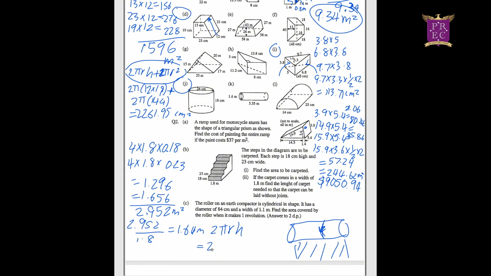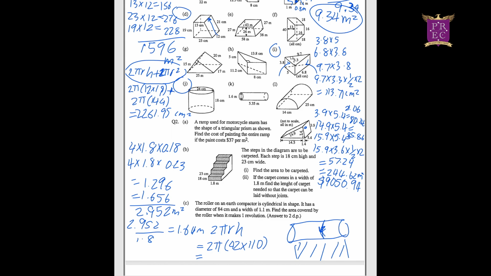So we know that 2 pi is just 2 times pi, and then r is 84 divided by 2, which is 42, and then h is the width, which is 1.1. 1.1 meters is 110 centimeters. All right, what I want you guys to do is to put this in the calculator and see what you get.